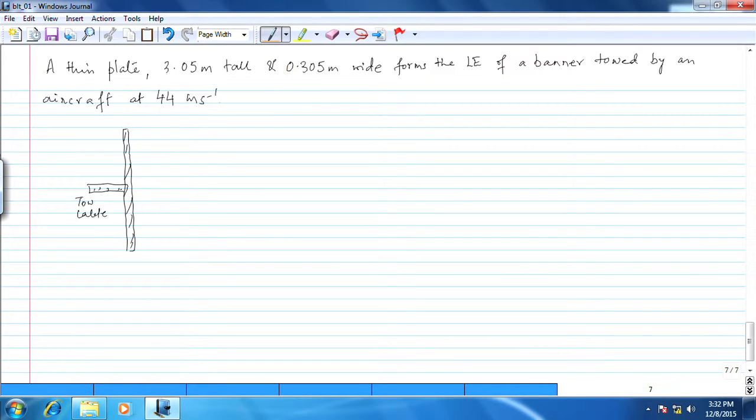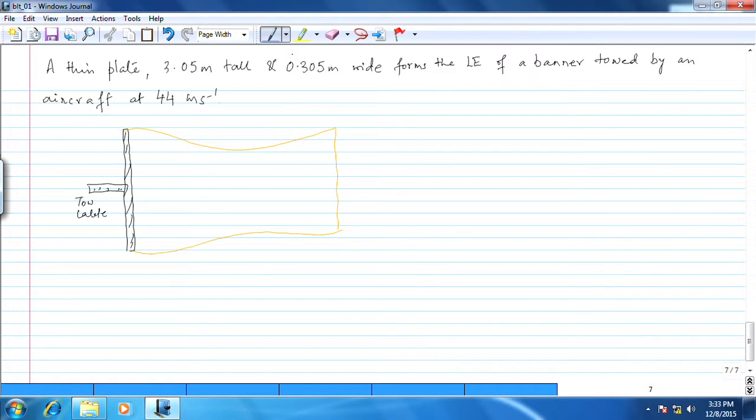Okay, so basically I can say that it's got a banner, something like that. You've seen these ones, right? So these banners keep flying and so on. So you've got a banner like this.